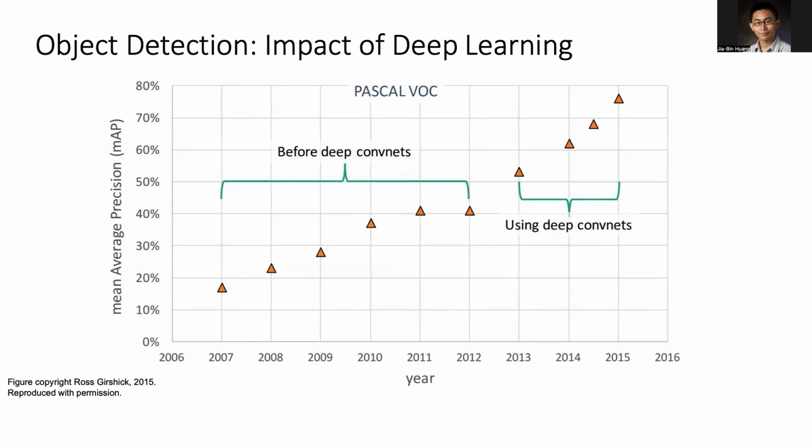Before the deep networks came in, before 2012, every year people were trying to design better algorithms, and the performance gradually saturated. After 2012, you have a big jump, and then people improved over time.